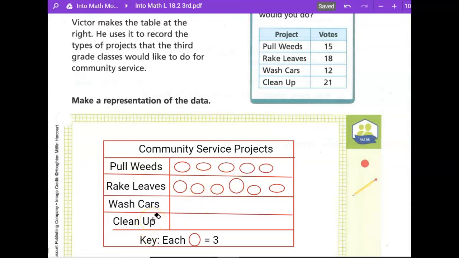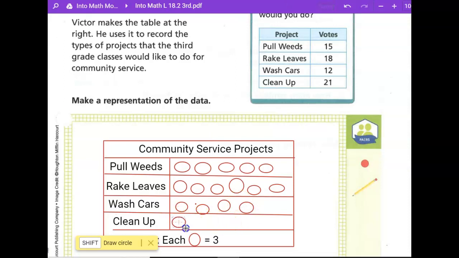And a car wash. Well, if 15 were 5, then 3 less than that would be 12. So we can put 4 in here because 4 times 3 is 12. Okay, and then in 21, well, 18 was 6, so 3 more would be 21.